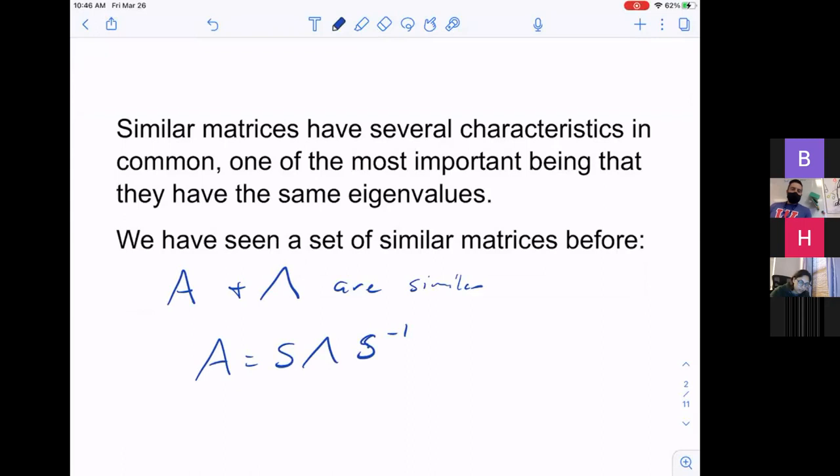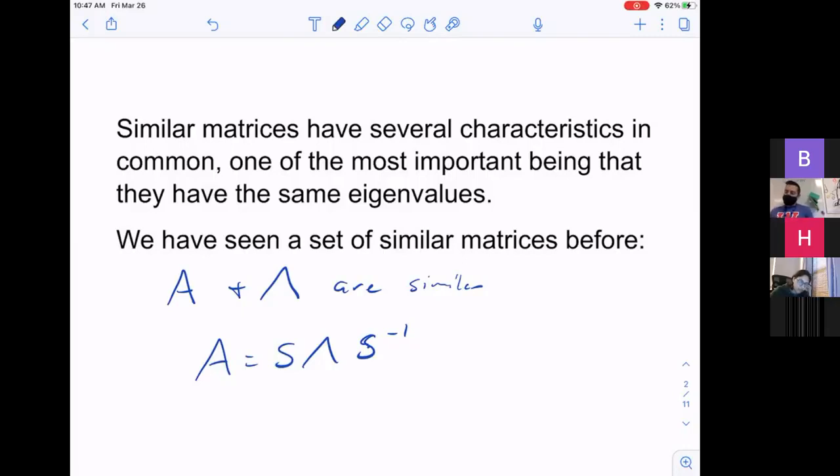A has eigenvalues lambda 1 and lambda 2 or whatever, and then we put those as diagonal entries of our capital lambda, so its eigenvalues are the same, right? Because in a diagonal matrix we can just take the eigenvalues off the diagonal. So those two things have the same eigenvalues and they are similar matrices.